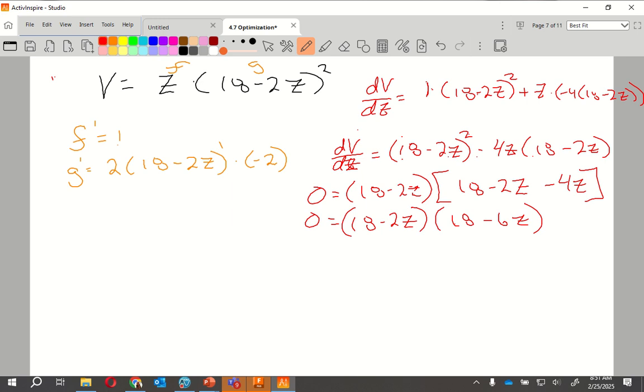Set each one equal to 0. The first one gives z equals 9, and the second gives z equals 3.